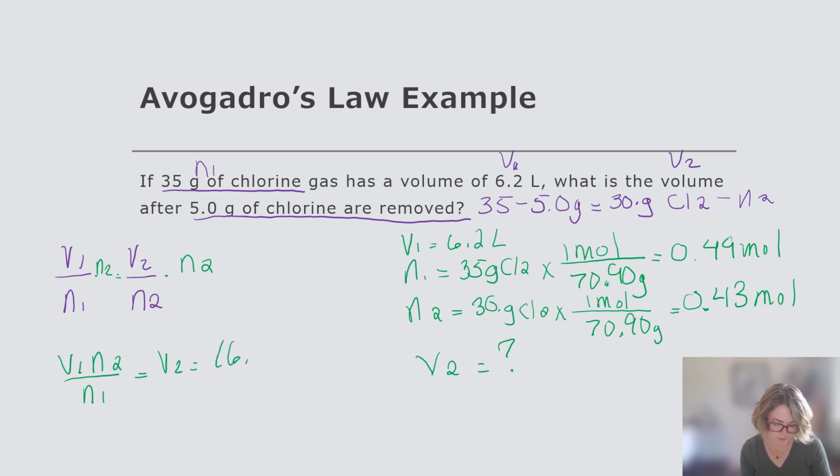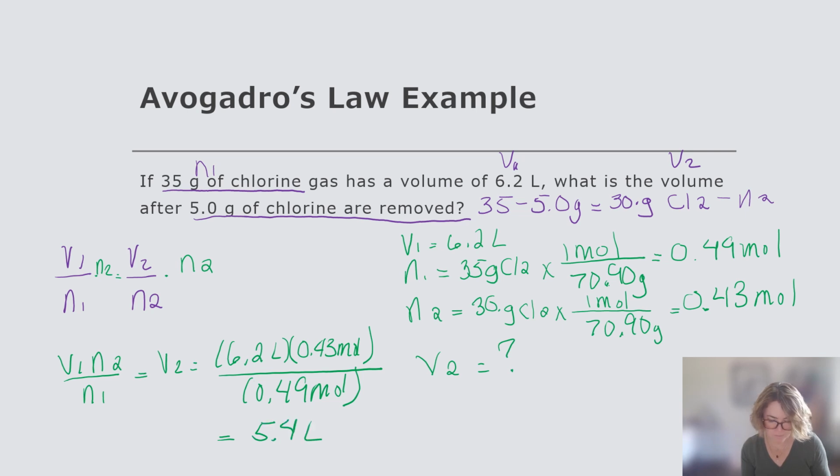I have 6.2 liters times 0.43 moles over 0.49 moles, and that is going to give me 5.4 liters.